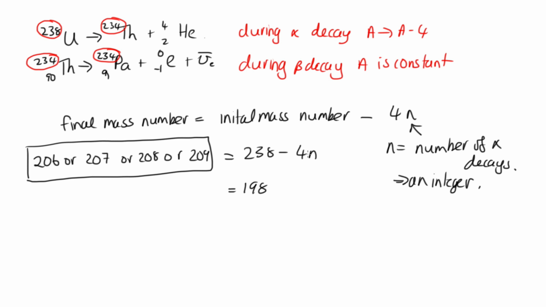Let's try 8 decays. So in this case, we're subtracting 4 times 8, which is 32. 238 minus 32 is 206, so that is possible. So that tells us that the one which we end up with has to have a mass number of 206, so we end up with lead 206.